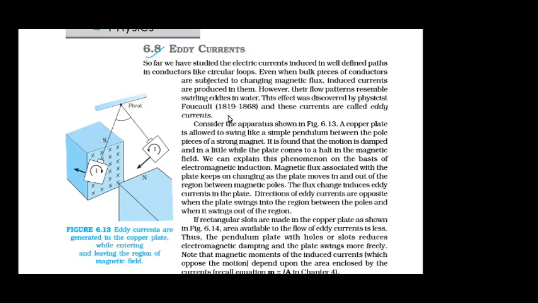But the flow pattern resembles swirling eddies in water. Swirling eddies means, if you throw a stone in a pond, what will happen? The ripples will form. So swirling is like ripples, and eddies are like small whirlpools.